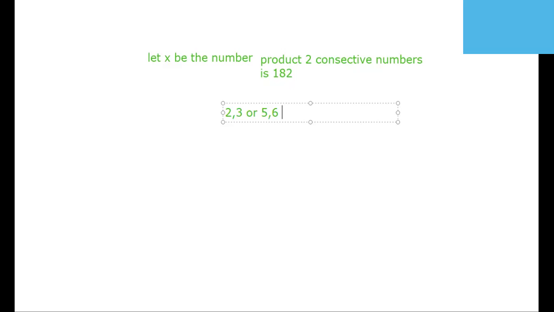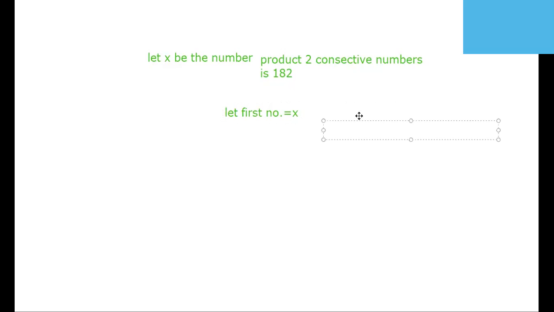We will use these two numbers, and because we don't know which number it is, but we have been provided a condition in the question, we will start like this: let the first number equal x.